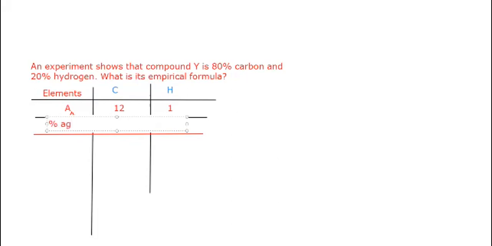That is called percentage composition. Most of the time one percentage is given, and you need to find the next one. Like if the carbon is 80, then definitely the next one will be 20. Now this is 80%, and this one is 20%.